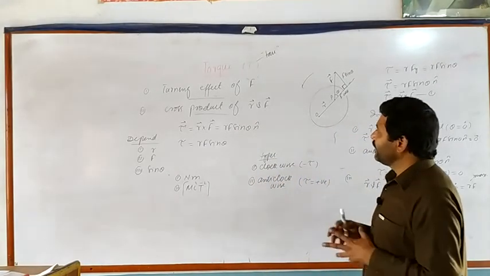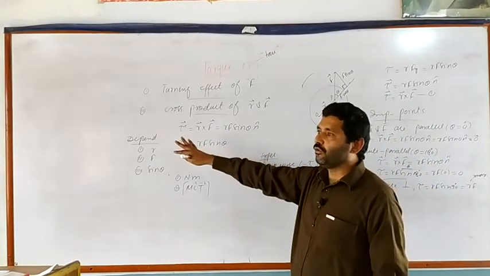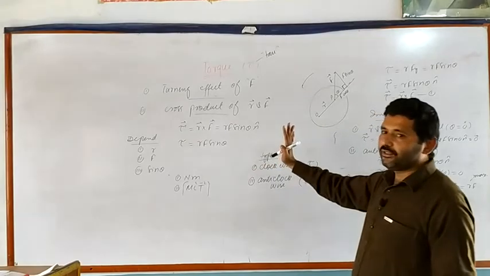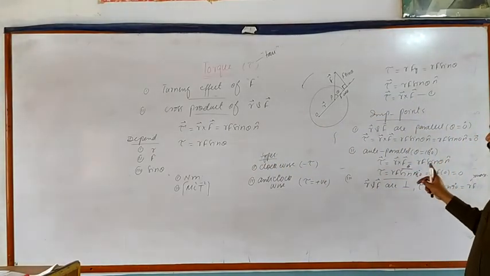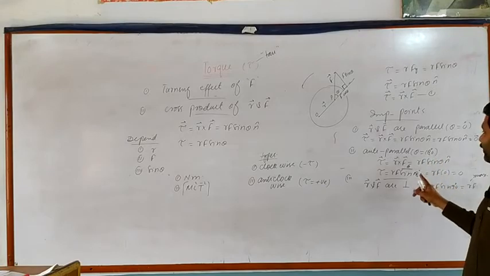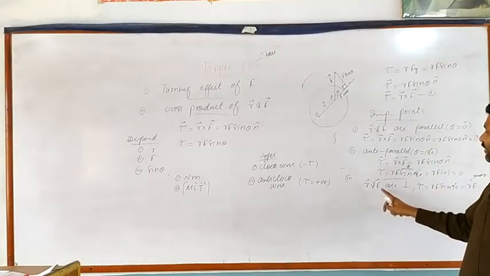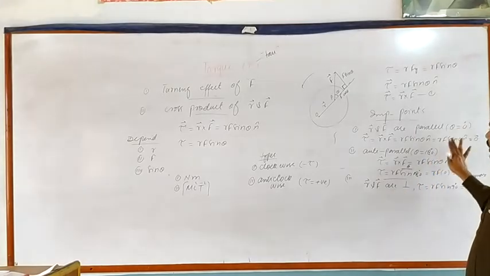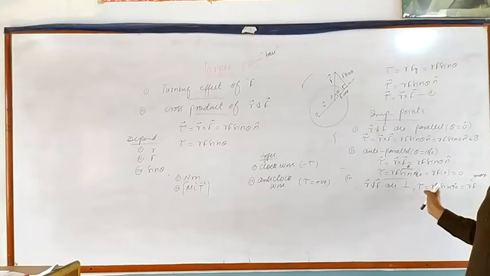So sin theta will have minimum value, meaning 0, torque will be equal to 0, and the body will not rotate. When the line of action of force does not pass through the pivot, the angle between r and f will not be 0 or 180, then the torque will not be equal to 0.